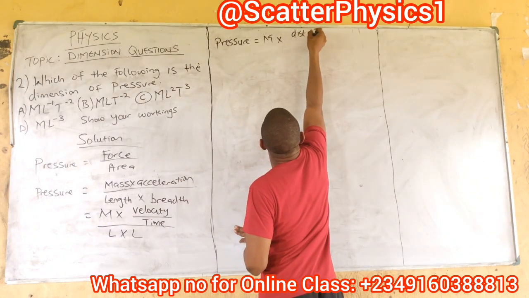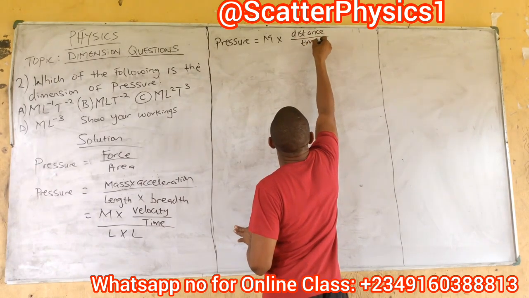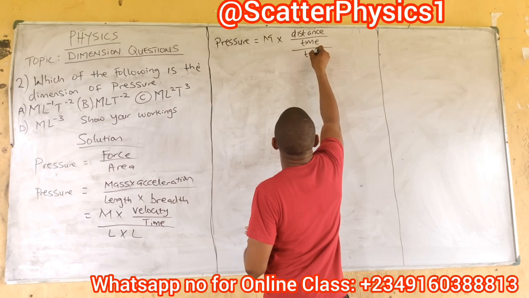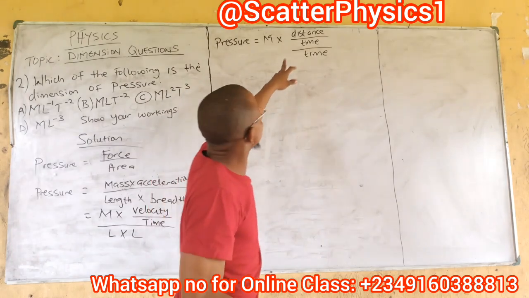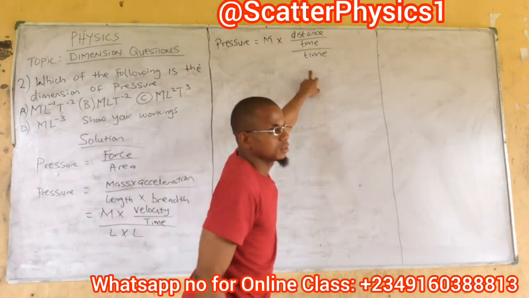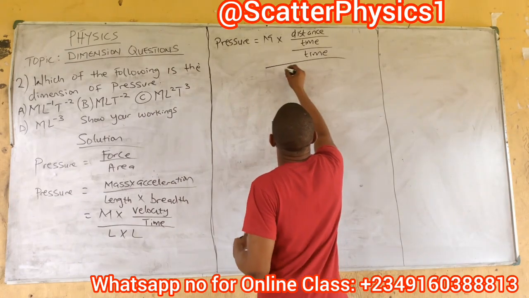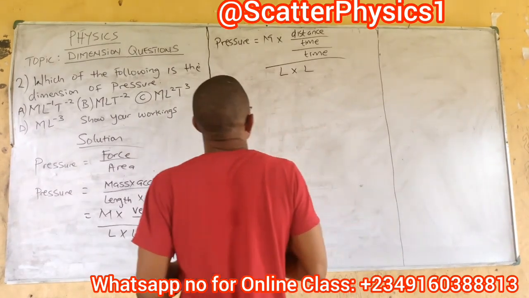You see, this is a long division over our normal time. That's the formula, distance over time, for the velocity. Then this time is what we have here, all over L times L, which is length times breadth.